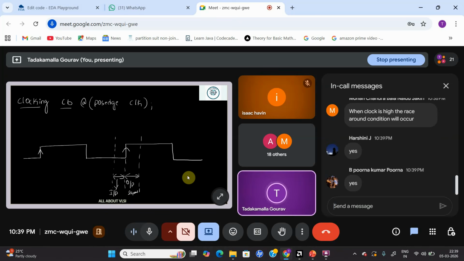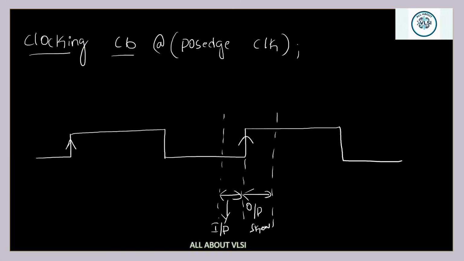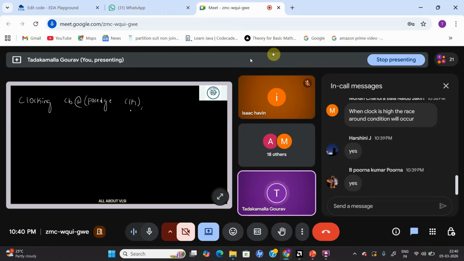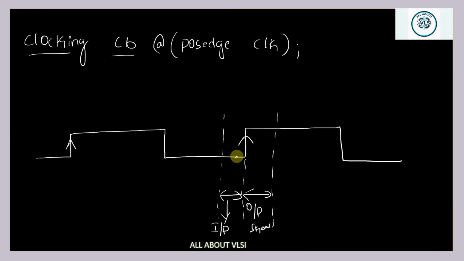If anyone has any query, please let me know. Now let us see how to use this. I'm going to write in the interface a clocking block at the positive edge of the clock, which is my reference clock. Now let's say I want to sample the values 1 nanosecond before the positive edge of the clock.